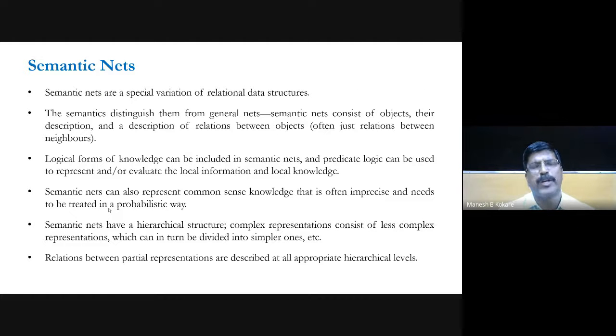And then after that we talked about the semantic net, which is a graphical or relational data structure used in computer vision for representation of higher level knowledge. We represent the relations between the different objects within the scene and their descriptions.